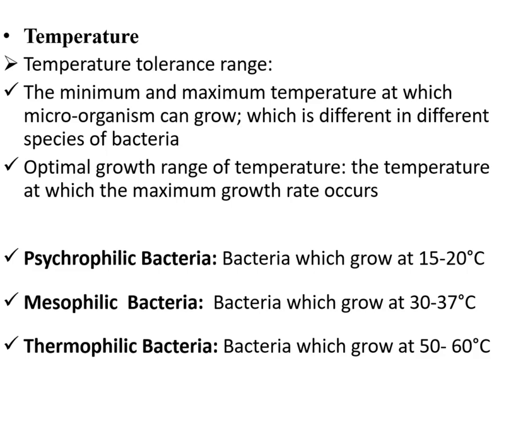Usually the pathogenic or medically important bacteria are mesophilic, which grow between 30 to 37 degrees. Psychrophiles are bacteria which grow at 15 to 20 degrees Celsius. Thermophiles grow above 45 or 50 degrees.